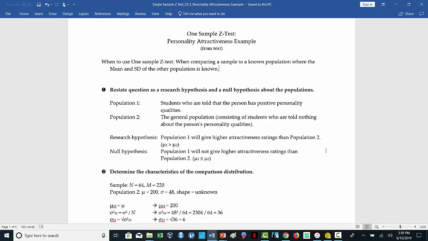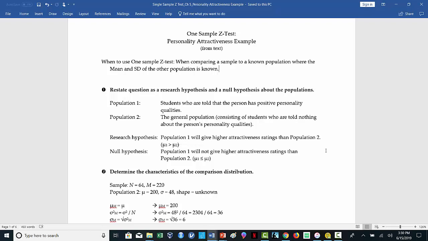In this example, because we're looking at a sample of individuals, we are comparing to something related to population two, but the distribution we're going to be comparing to is the distribution of means for population two.